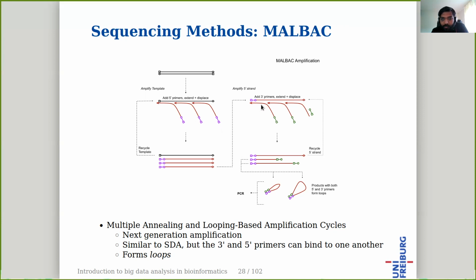So in this case, we also run one round of amplification. Then we generate such fragments that have complementary primers at the ends. And then these complementary primers form loops so that these cannot be amplified further. So you get these products here. These are the end products.